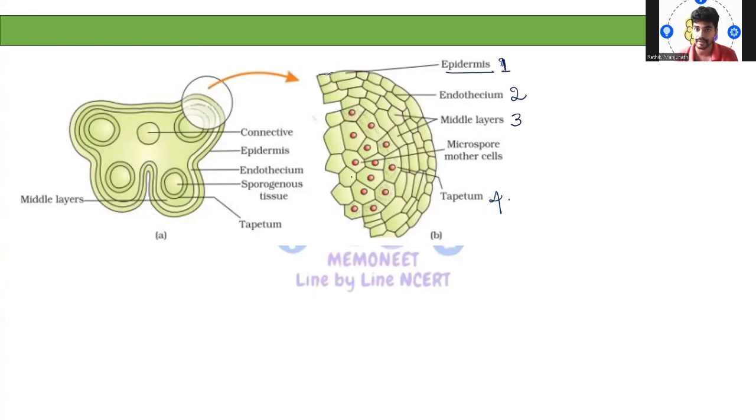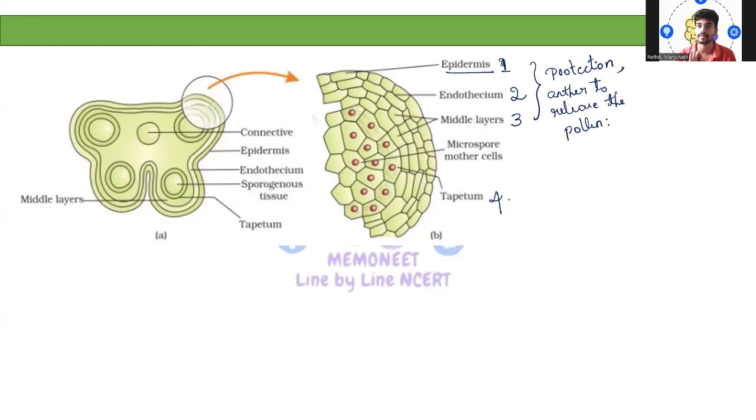Out of these, the outer three wall layers perform functions like protection and help in the dehiscence of the anther to release the pollen grains.